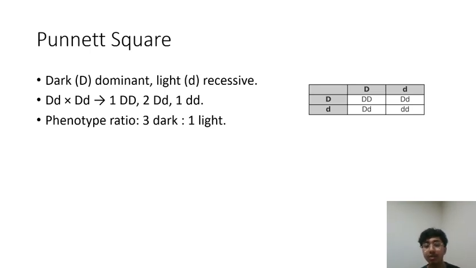That's a 3 to 1 ratio of dark to light moths in the next generation. This simple inheritance pattern explains how the dark allele can become more or less common over time depending on environmental pressure. So if you are still confused, you can look at the Punnett square I made. It will be easier for you guys.